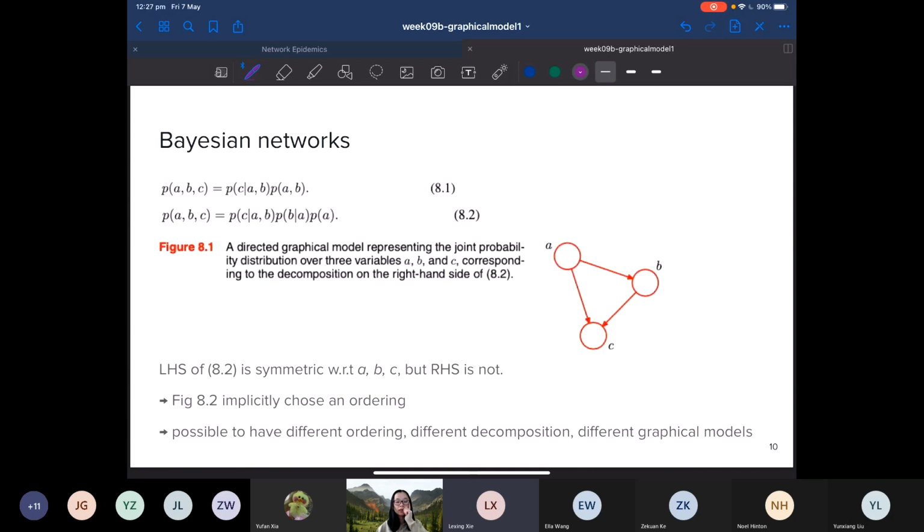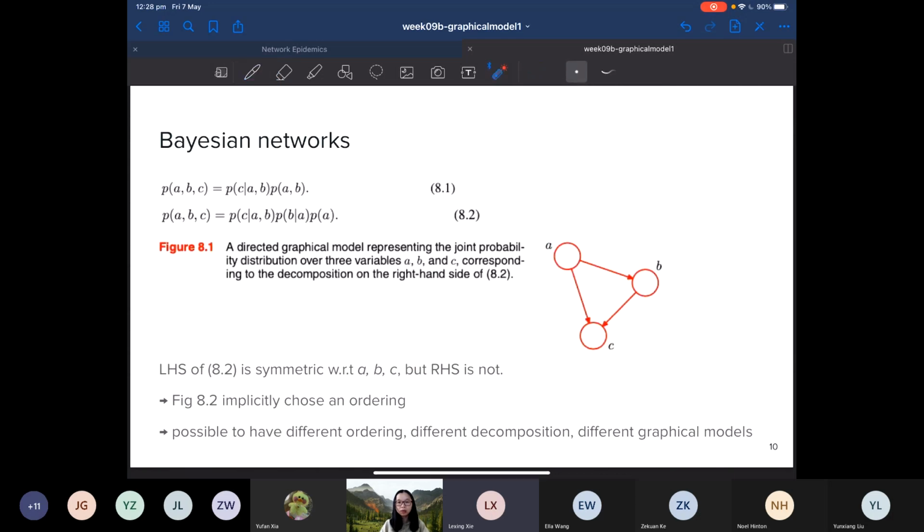So let's dive into Bayesian networks. So assume we have 3 nodes, A, B, and C. The joint probability is just expressed like this.